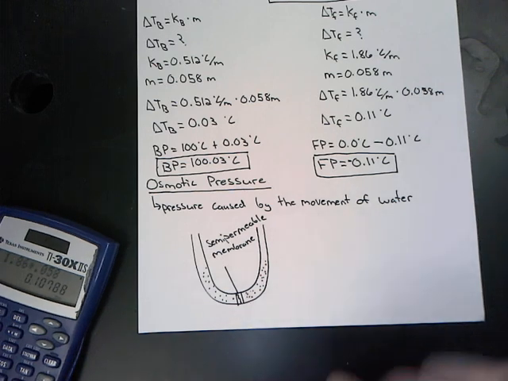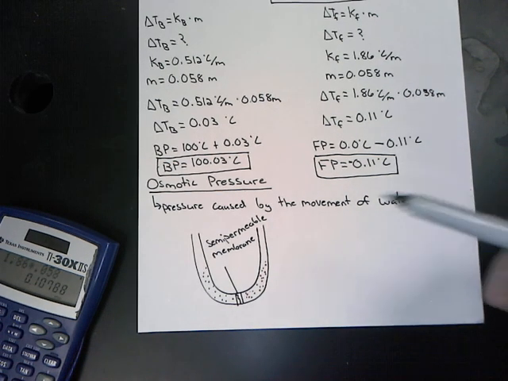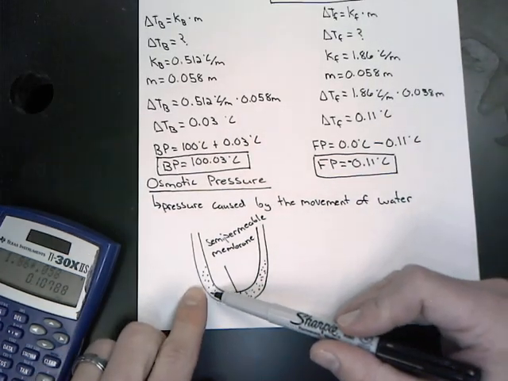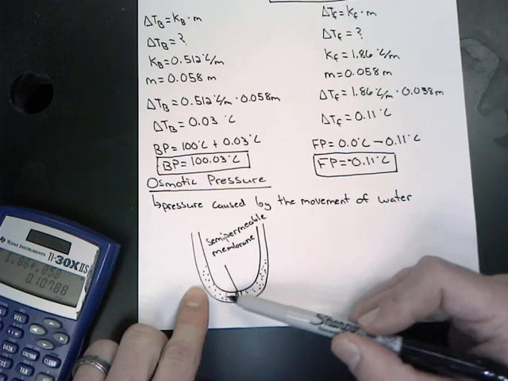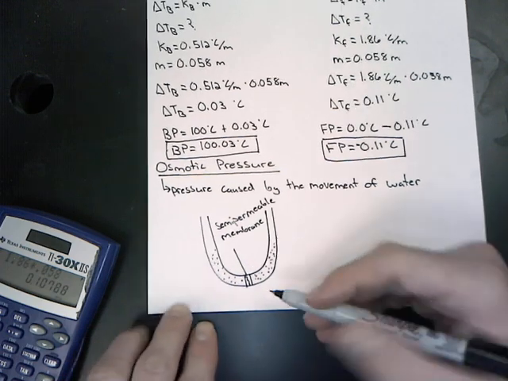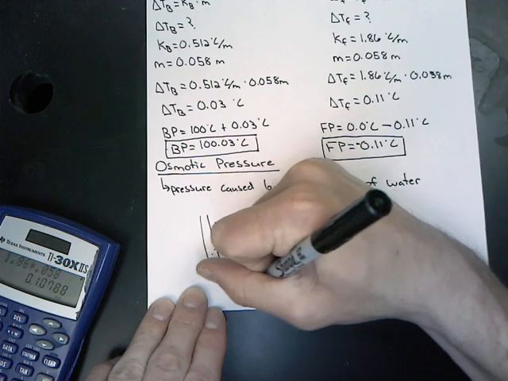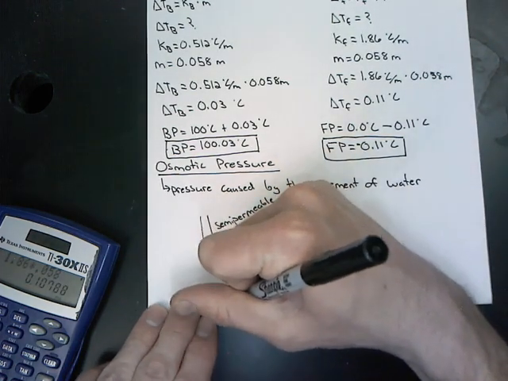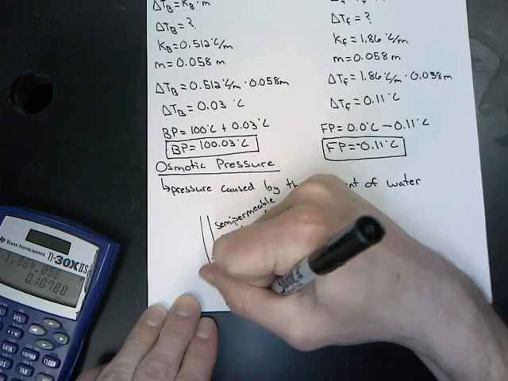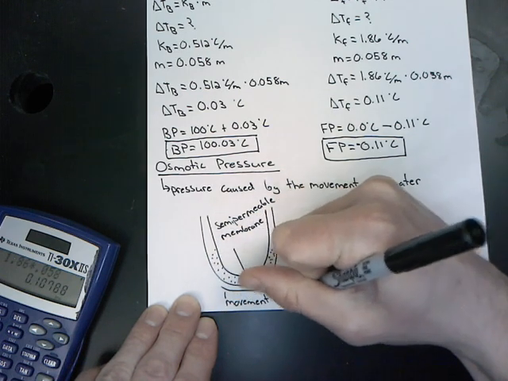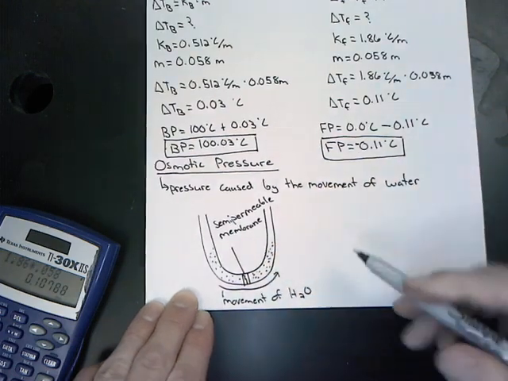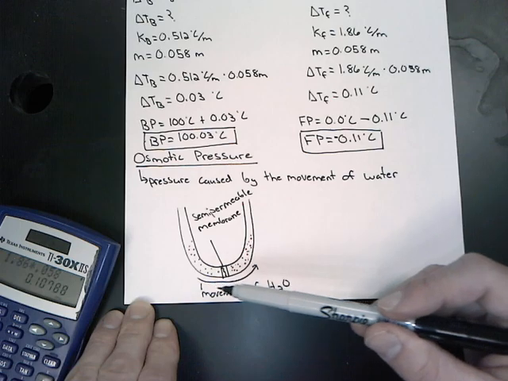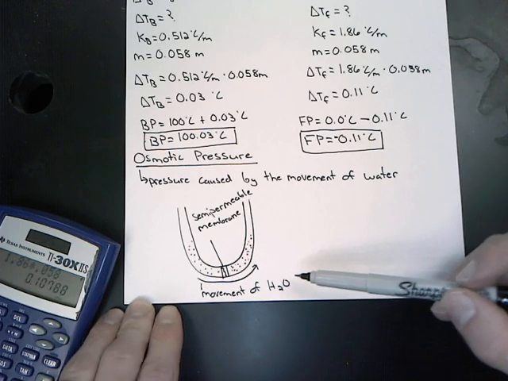What happens here? By the nature of osmosis, water moves from an area of no solute or little solute to an area of high solute. This arrow that I drew is the movement of water. Now, the osmotic pressure is caused by the movement of this water.